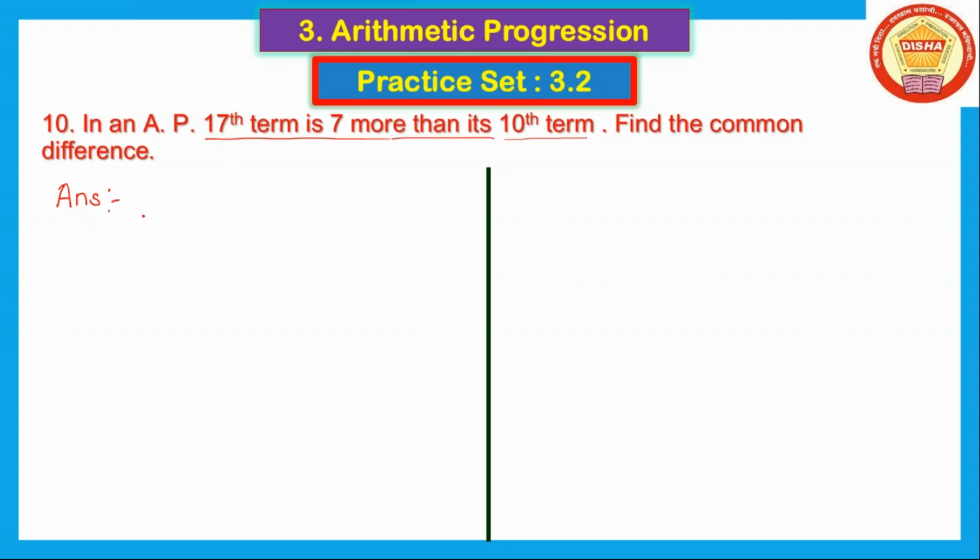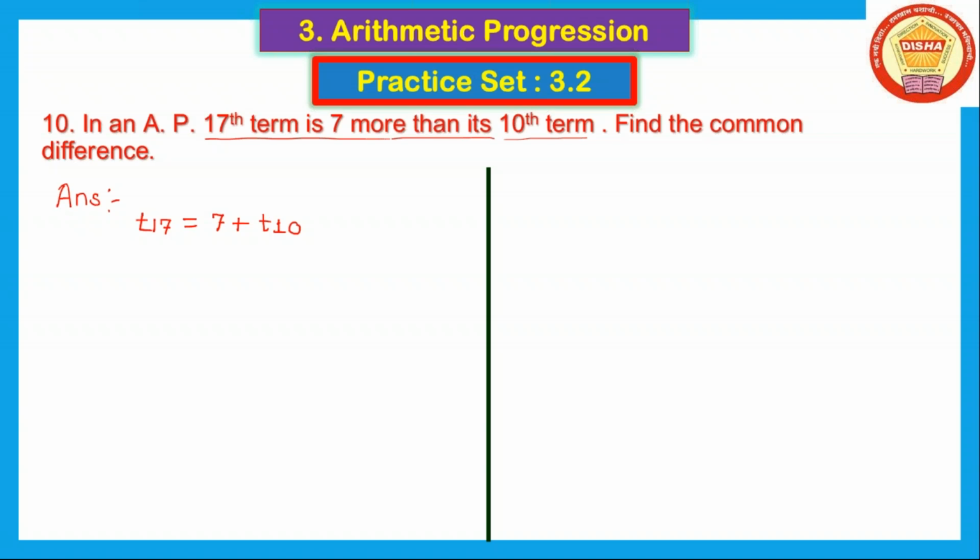17th term. So we write here 17th term, that is T17, is 7 more than, so we do here addition, more than 10th term. See again, 17th term is 7 more than the 10th term.